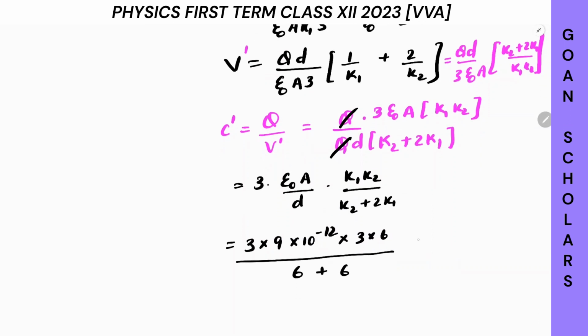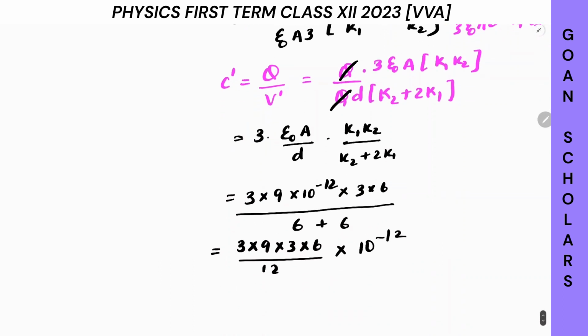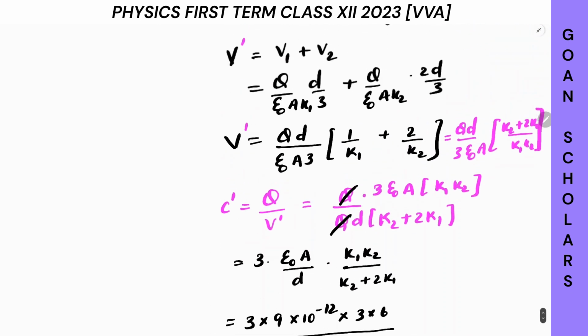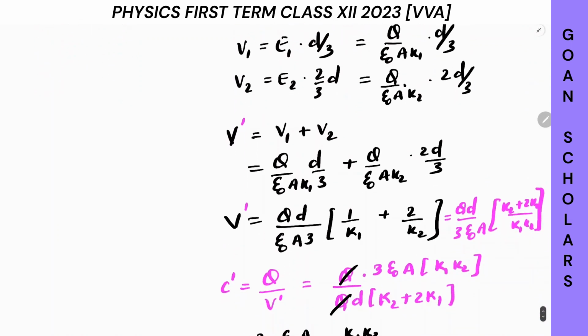Let's keep this picofarad on the other side. 3 into 9, and 3 into 3 is 9, and 3 into 6 is 12, so that we make it a little easier to simplify. Here we have 6 plus 6, which is 12, and then we are left with 3 times 3 is 9, 9 times 9 is 81 by 2 picofarad. That you can divide and make much simpler. So this is our answer to the last question.